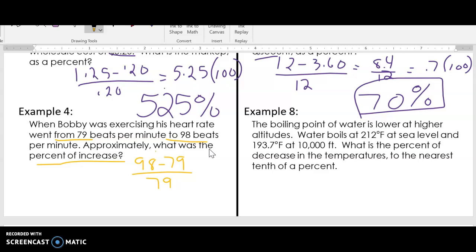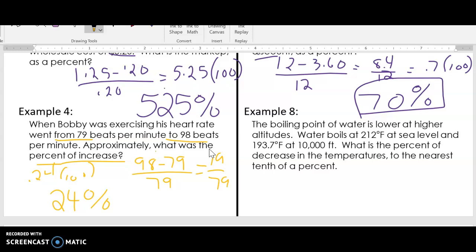All right, so we get 19 over 79, and that's 0.24, but don't forget we have to multiply it by 100 because we want percentage, so I got a 24% increase of heart rate.